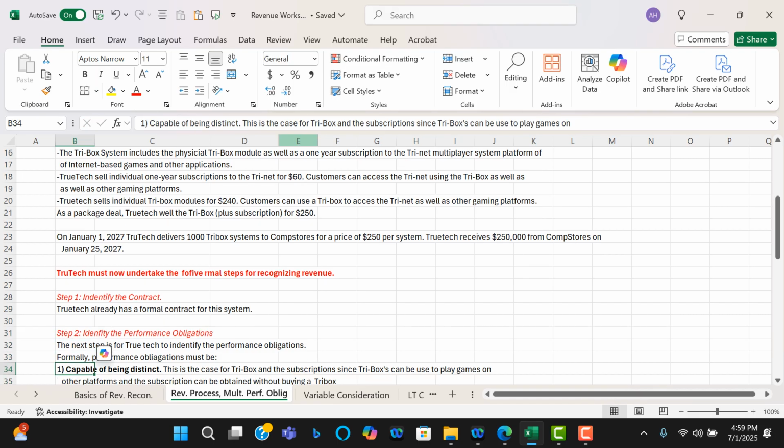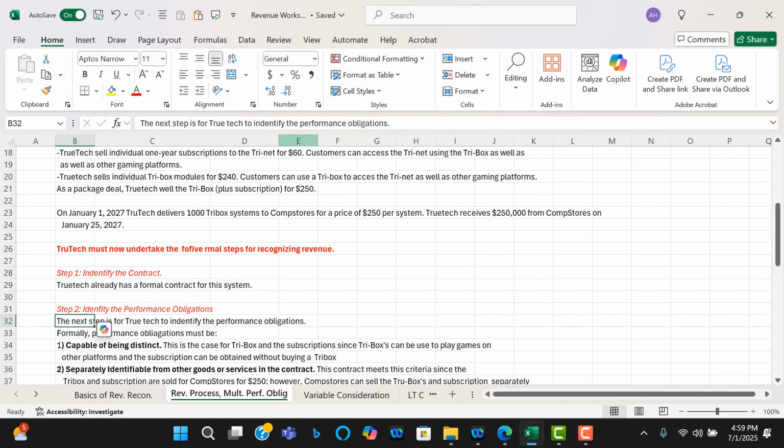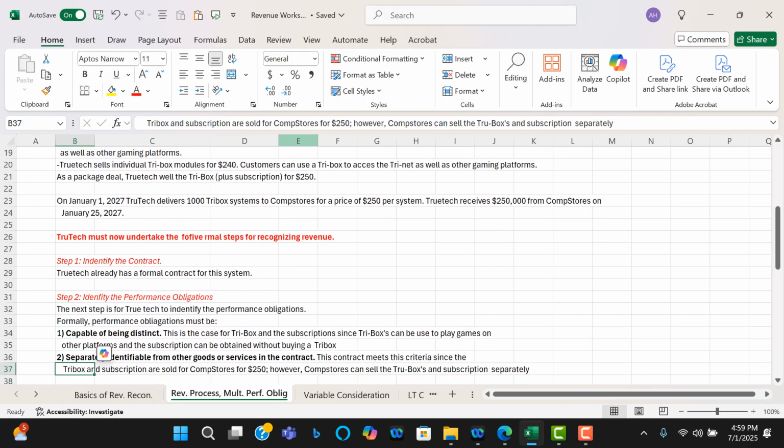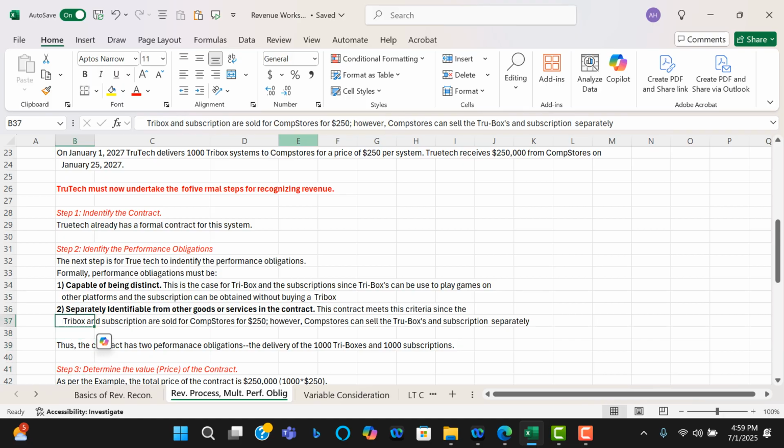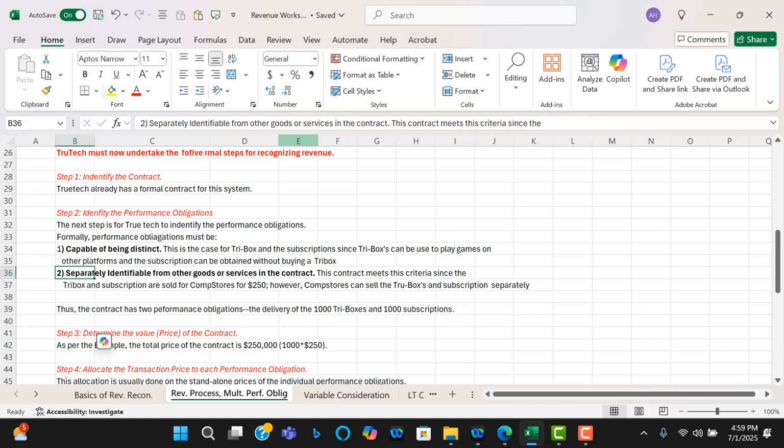And there's 2, and it's basic common sense. Okay, but here are the two formal criteria that are used to identify performance obligations. Now, I do question something that the book says here, but I'm going to make an assumption that there are 2 performance obligations. Each one is separate, the box from the system itself.